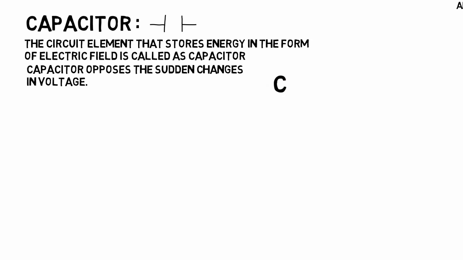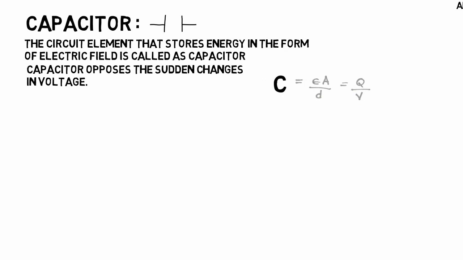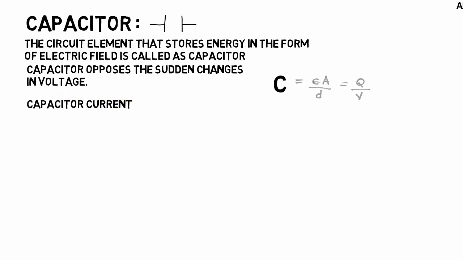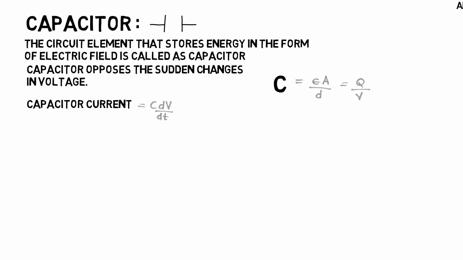Capacitance is given by C equals epsilon A by d, where epsilon is the permittivity of the material, A is the cross-sectional area of the metal forming the parallel plates, and d is the distance between the two plates. Also, C equals Q by V, where Q is the charge stored and V is the voltage. Capacitor current is given as C dV by dt, where V is the voltage across the capacitor.